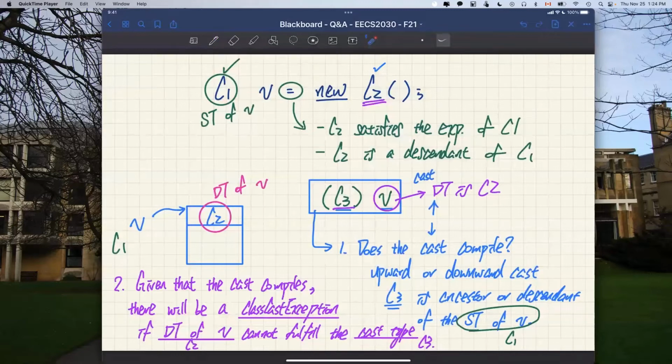Okay, so let me make sure I really understood. You're asking what would be the usefulness of doing the upward casting? Well, no, it's more like, wouldn't technically a ClassCastException, the way you explained it right now, if C3 wasn't... I see what you mean. Now I see what you mean.